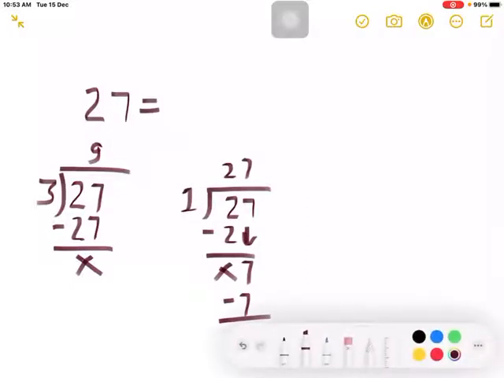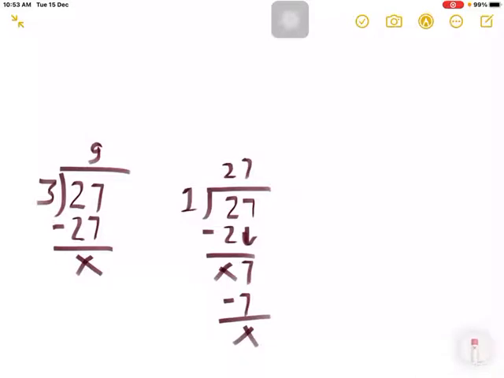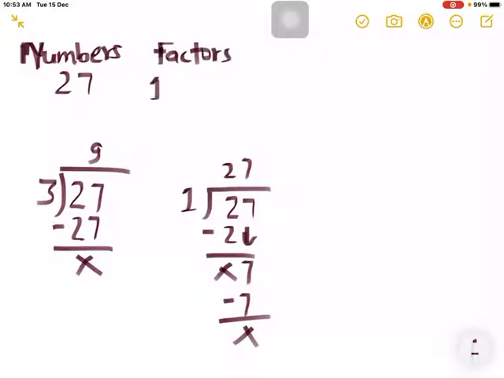So what are the factors here? Let me write here, that is the numbers we are checking for 27. What are the factors? Yes, 1 is a factor, we just tested. So we just divide, and 3 is a factor. 27, is it divisible by 9?